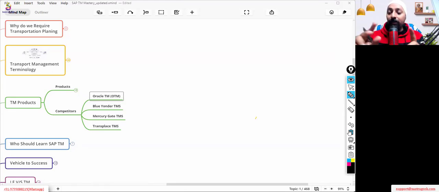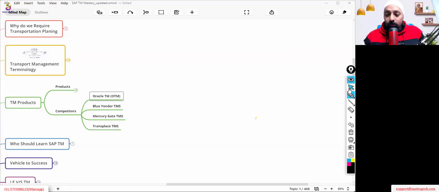They would have a slightly different screen, a different way to do it, but other things remain the same. So it would be easy for you to jump not only from one module to another module in SAP, but even from one ERP to another ERP, once you have a good hand on one ERP system.